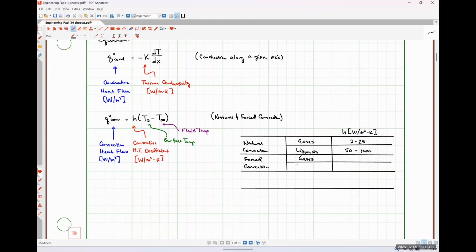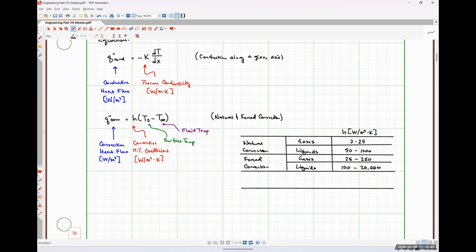again, we can break this down into gases and liquids. Gases are going to be about 10 times stronger, so 25 to 250. Liquids ranging from 100 to 20,000.